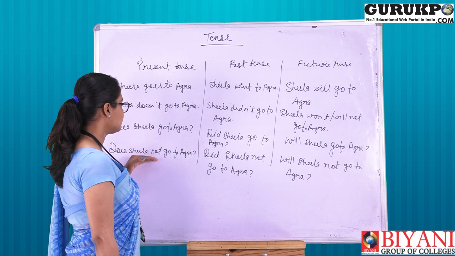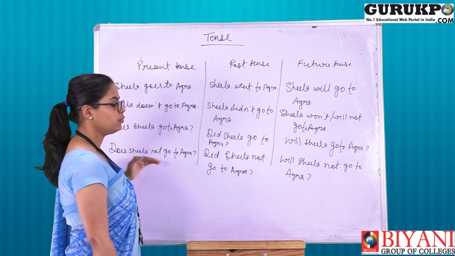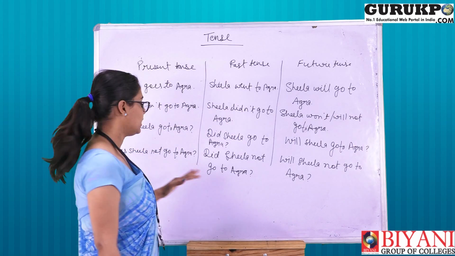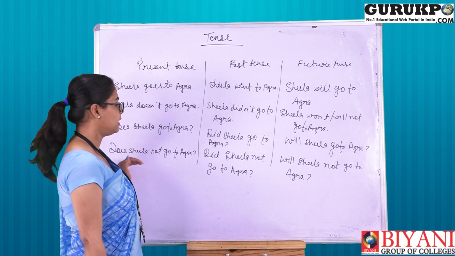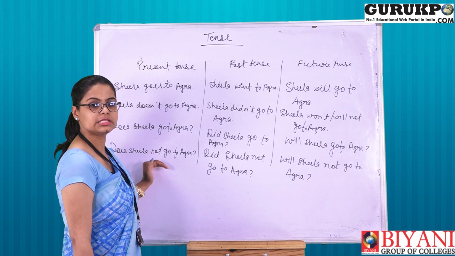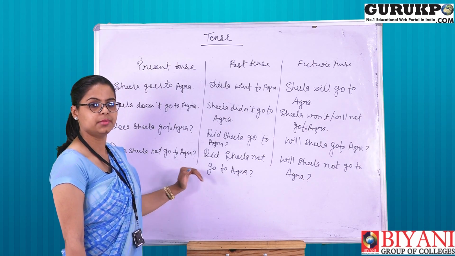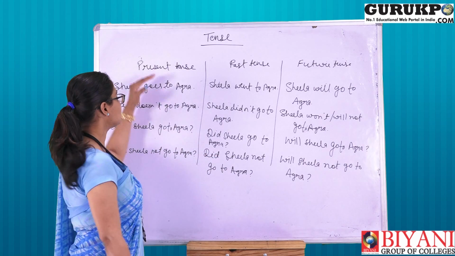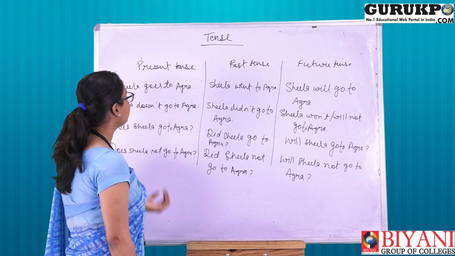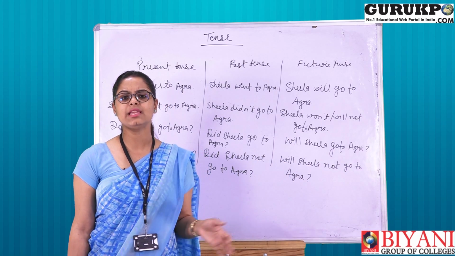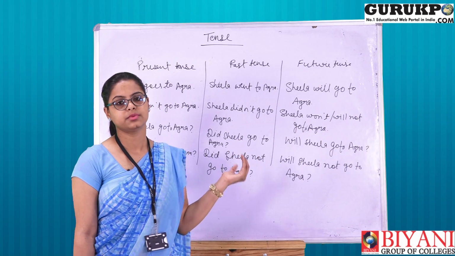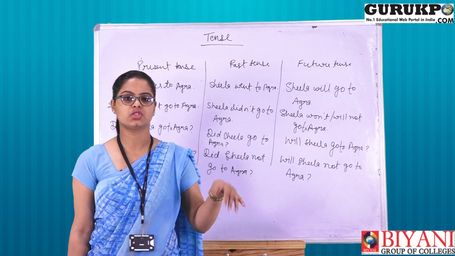The negative formula would be subject plus does or do plus not plus verb's first form plus object. So these are the formulas. If we remember the formulas of present, past and future tense, we can easily convert a sentence from Hindi to English and English to Hindi.